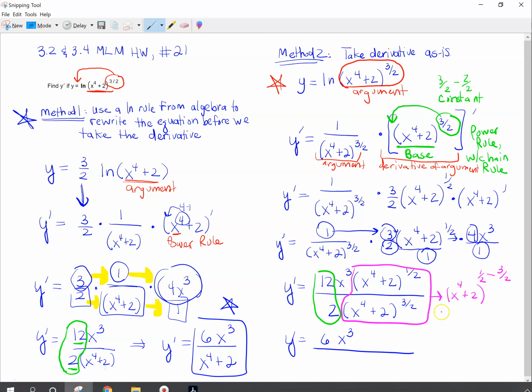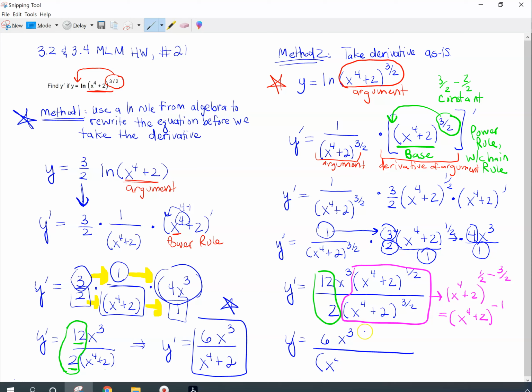When I do that, that gives me my binomial to the negative 1 power, since 1/2 minus 3/2 is negative 1. That negative 1 exponent tells me I can relocate the base, and it's going to move to the denominator.